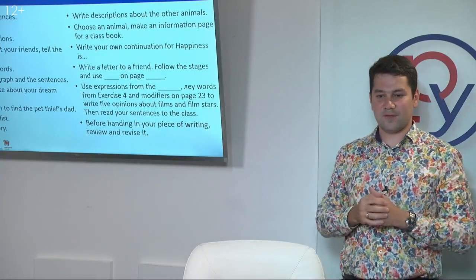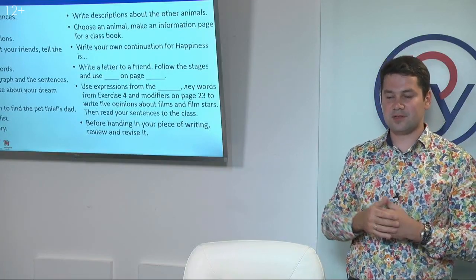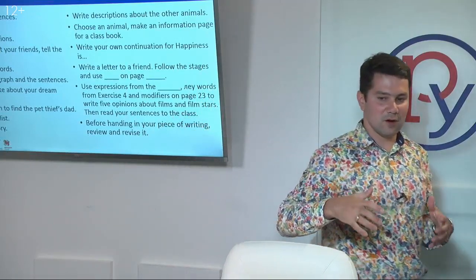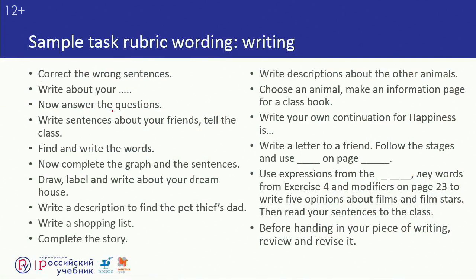Write a letter to a friend, follow the stages and use the instruction on page 11. Use expressions from the target language section and modifiers on page 23 to write 5 opinions about films and film stars. Then read the sentences to the class, and before handing in your piece of writing, review and revise it.